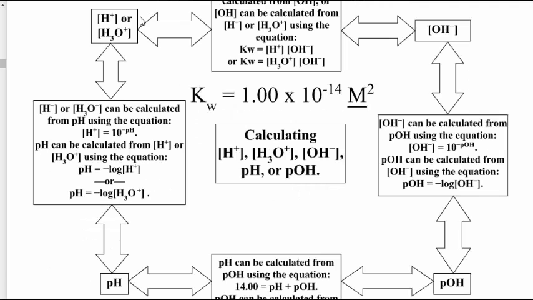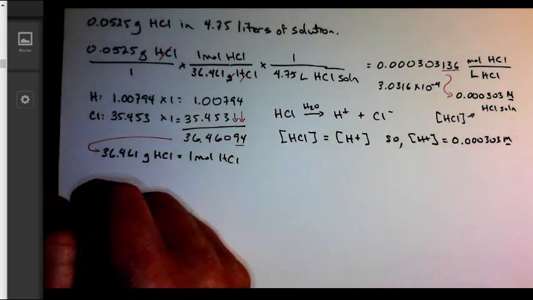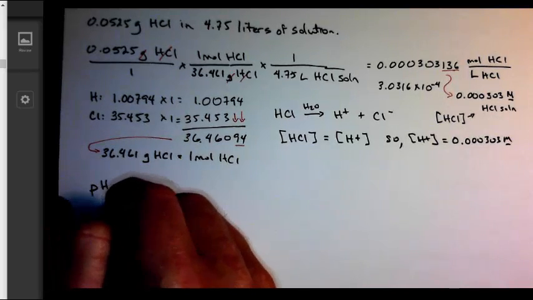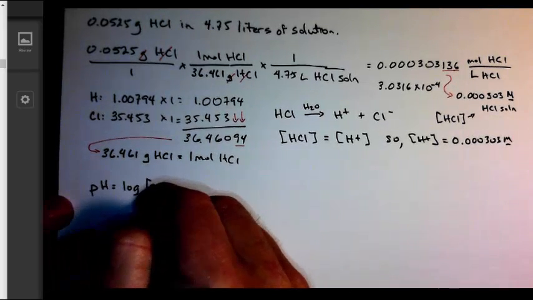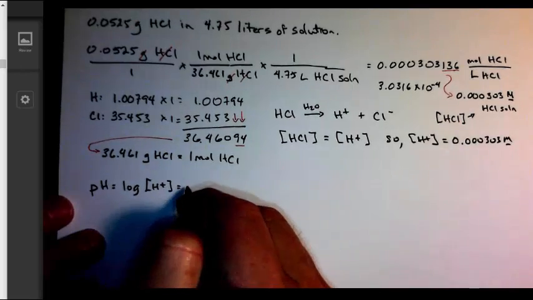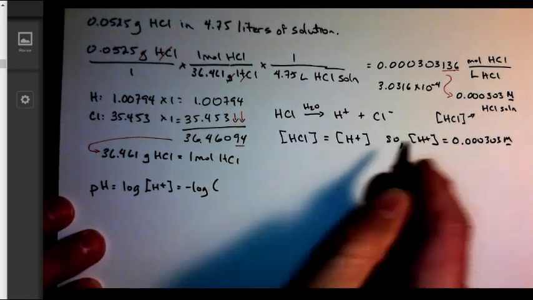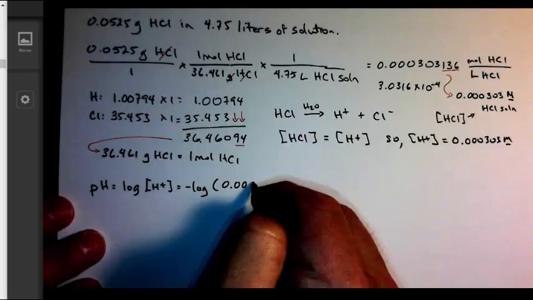We've got the upper left corner. All right, if I want to find the pH, then I'm going to take the negative logarithm of that. So pH equals the negative logarithm of the hydrogen ion concentration. The negative logarithm then of this number, 0.000303.